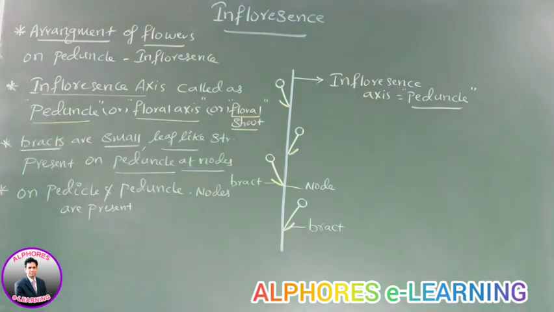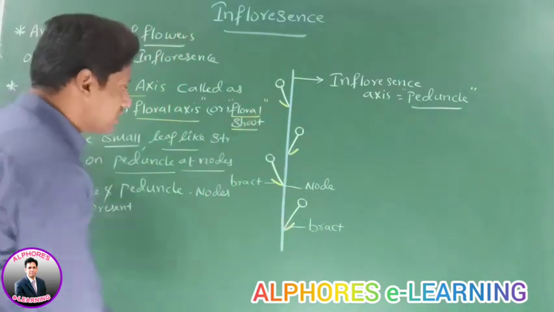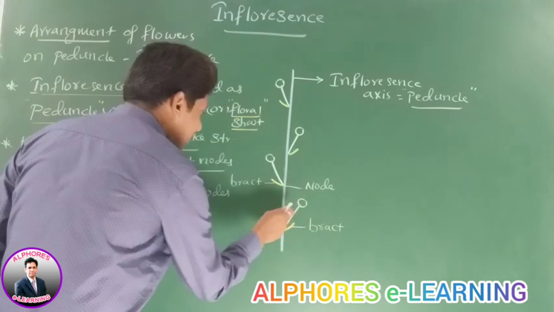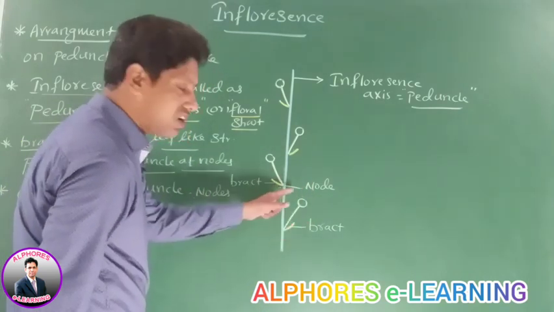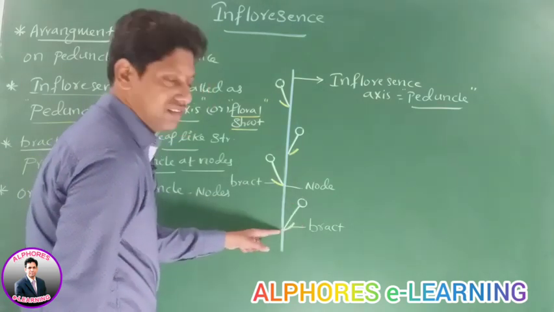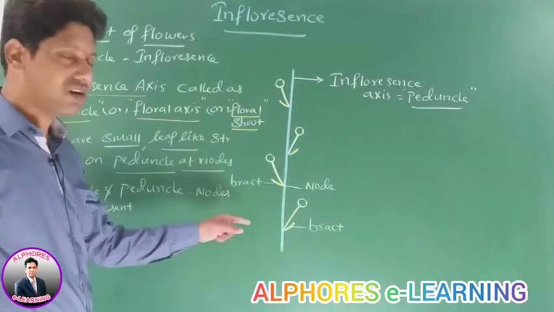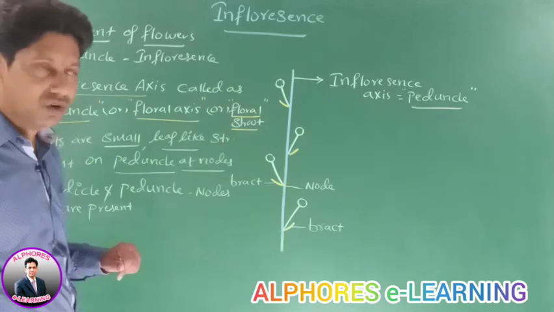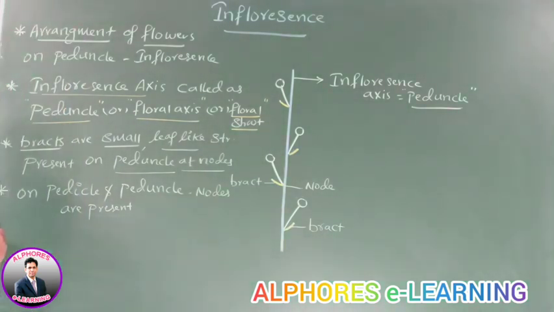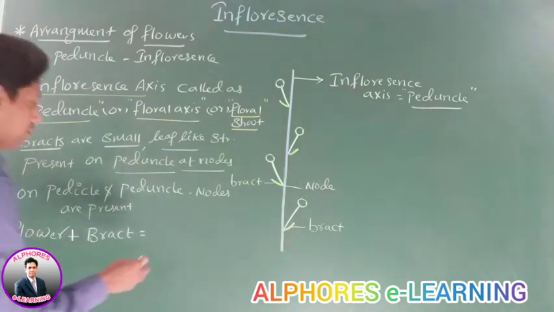Now see here. What are the small leaf-like structures called? Bracts. Now see these flowers. Is this flower with bract or without bract? This flower is with bract. A flower with bract is called a bracteate flower.